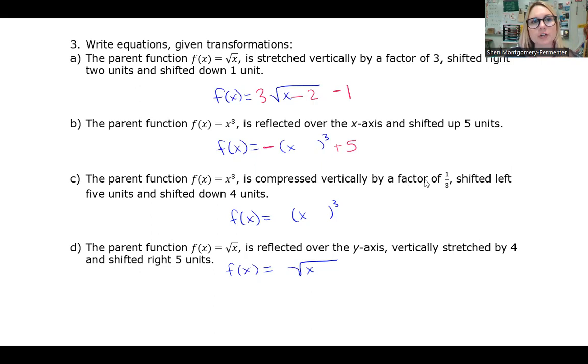Here, I'm compressed vertically by a factor of 1/3. I'm going to put that out in front. Shifted left, so that means +5, down, -4.